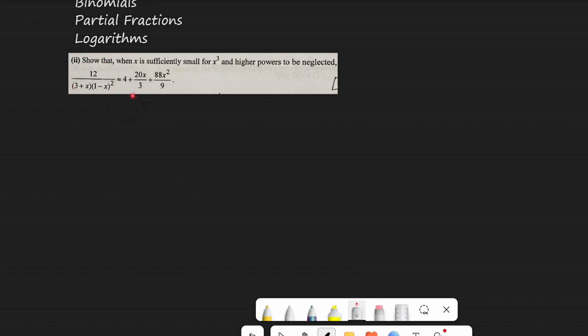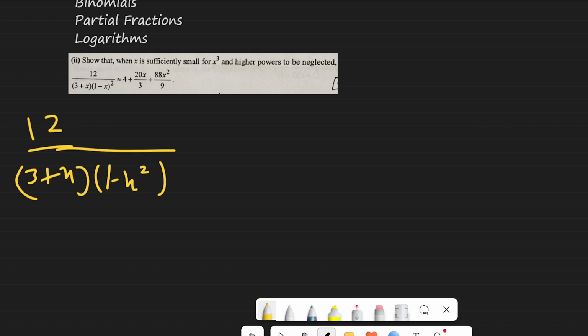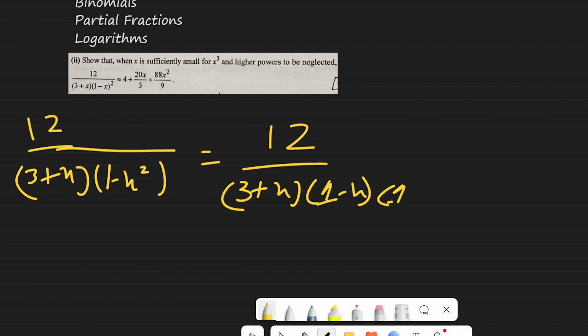This is an interesting question. Stay with me so you'll understand. Okay, 3 plus x over 1 minus x square. So we have a whole square in the denominator, but at the same time this whole square can be factorized, right? 1 minus x, 1 plus x, because this is a difference of two squares.